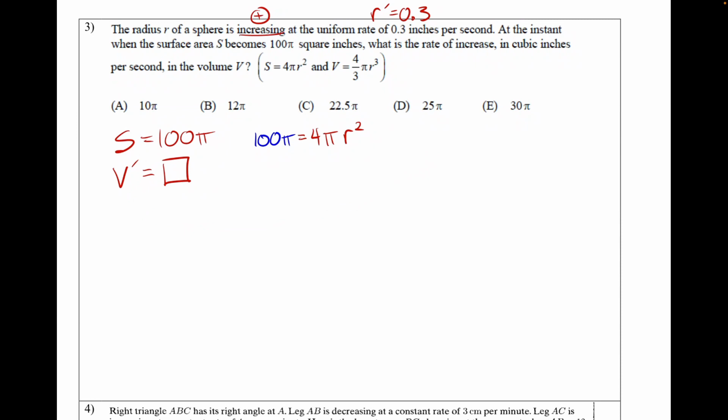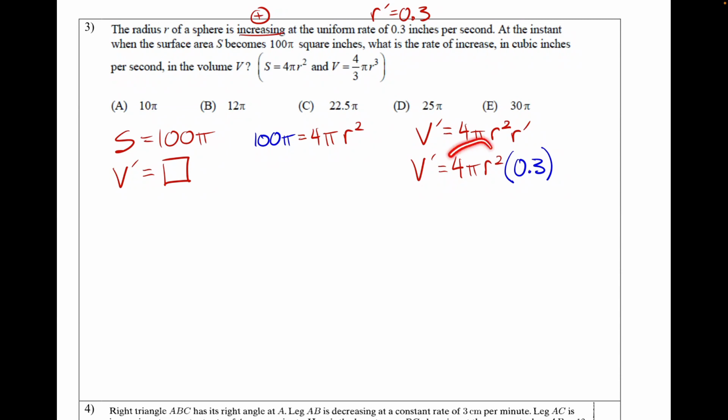If I take the derivative of this volume, I'm going to get volume prime is equal to 4 pi r squared r prime. And then I'm going to fill in what I know. I know that this r prime is 0.3, so v prime is equal to 4 pi r squared times our r prime of 0.3. And this is kind of the shortcut, if you will.